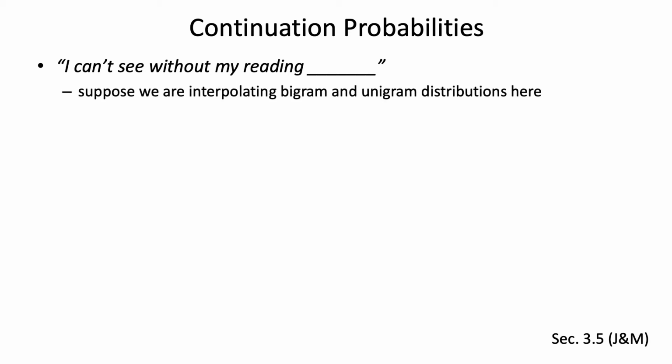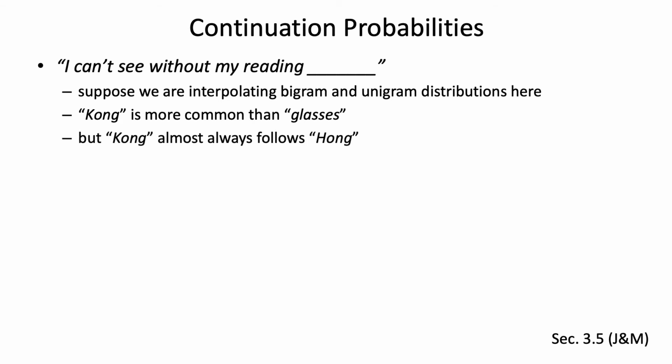The other component of Kneser-Ney smoothing is to use continuation probabilities. To get the idea, consider predicting the next word in this sentence, and suppose we're interpolating bigram and unigram distributions. In the unigram model, the word Kong has higher probability than the word glasses. But Kong tends to appear in a very limited number of bigrams, mostly Hong Kong.